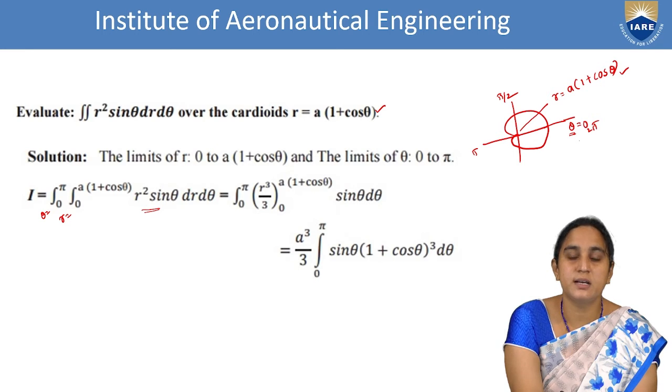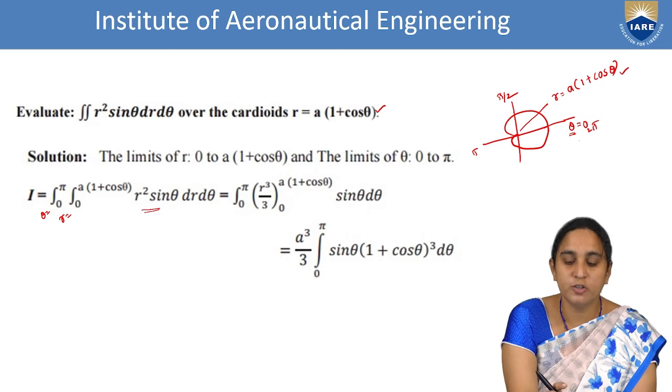In polar coordinates, first integrate with respect to r. So the integral 0 to pi, r square integrates to r cube by 3, with limits 0 to a into 1 plus cos theta, and sin theta d theta.